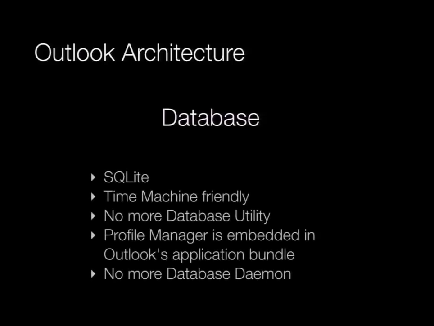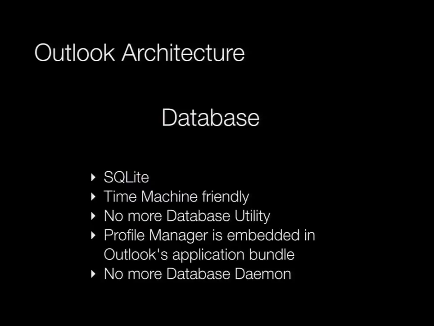That's changed with Outlook 2016. It no longer stores mail data in a proprietary Microsoft database. It now uses SQLite, whose code is in the public domain and already installed on your Mac. SQLite enables any software developer to store and access database files without having to have a server.